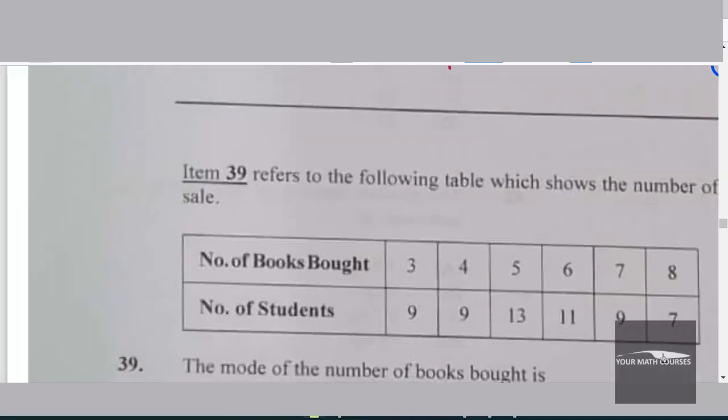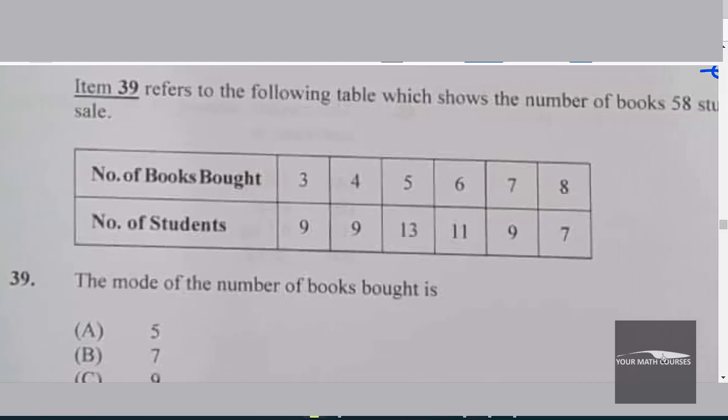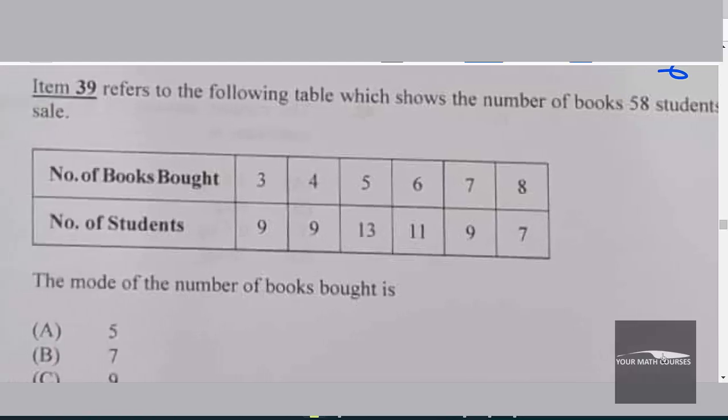Let's look at number 39. Item 39 refers to the following table, which shows the number of books 58 students bought at a sale. So we have the number of books and the number of students.